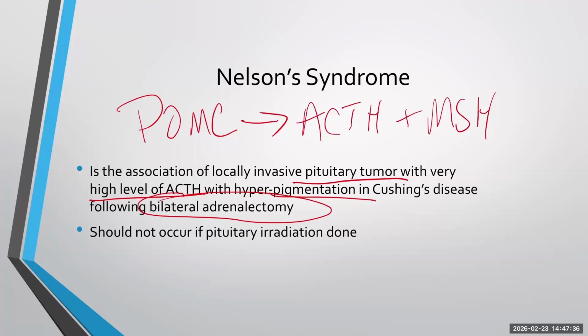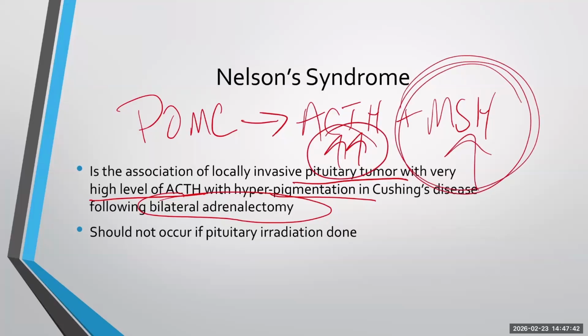So if I'm increasing the amount of ACTH, I'm also going to increase my MSH, which is why they get hyperpigmentation. The key with Nelson syndrome has to be status post bilateral adrenalectomy. That's how you get Nelson syndrome.